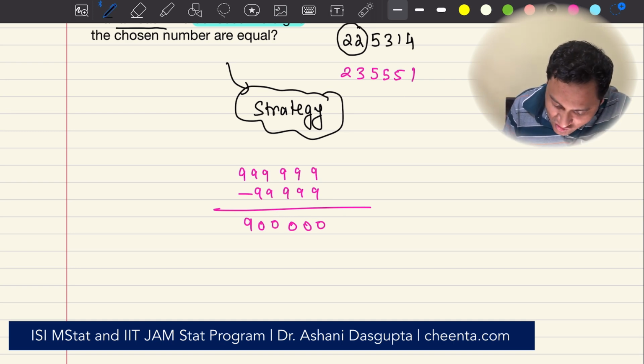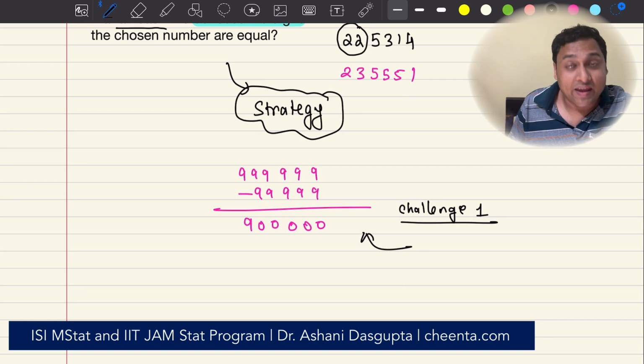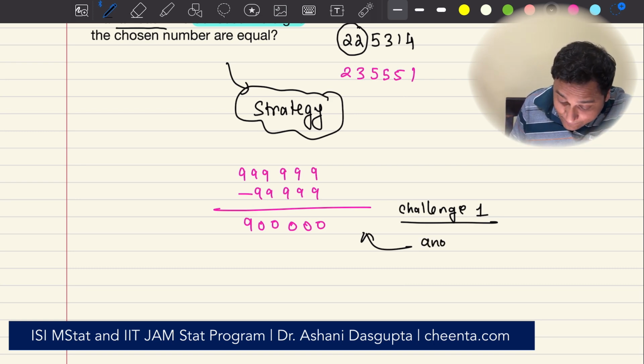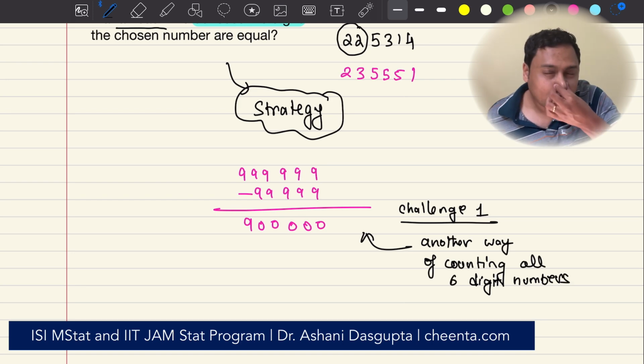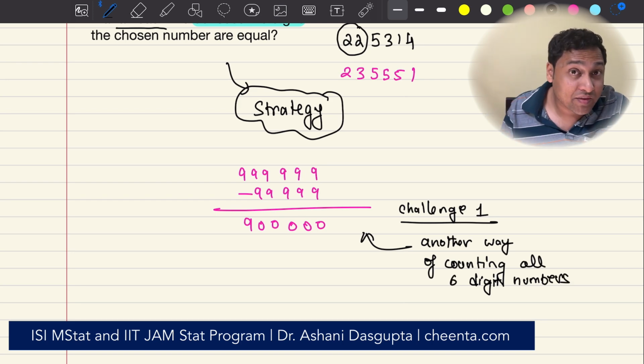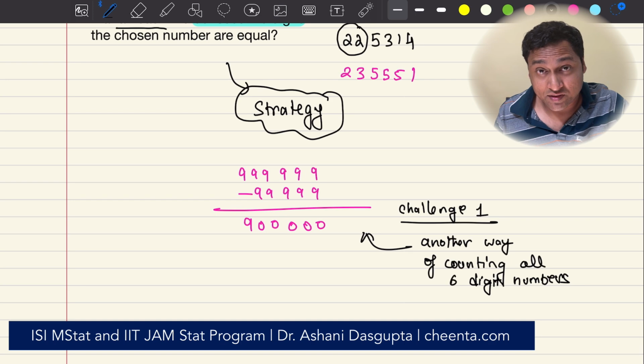Here is a challenge question. It's a very simple challenge question. Can you give me another way of counting all 6-digit numbers? So we have 900,000 6-digit numbers.